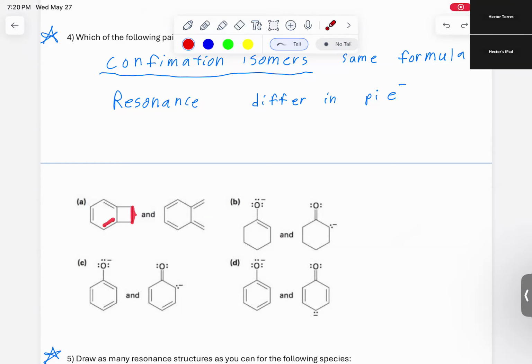We had three double bonds in here. However, on this one, we move the pi electrons and we don't have that bond anymore. So because of that, this one is going to be conformational isomer. So not resonance.